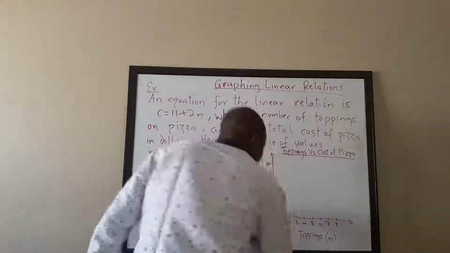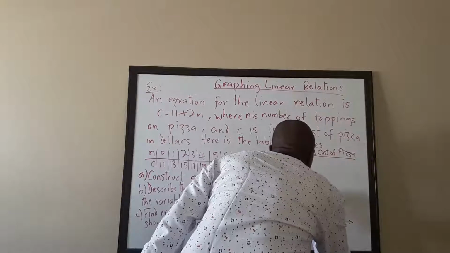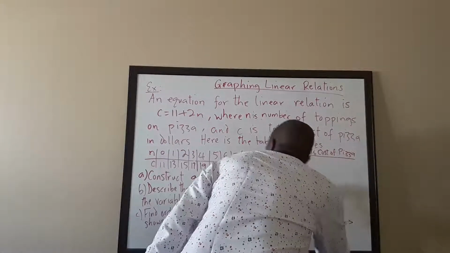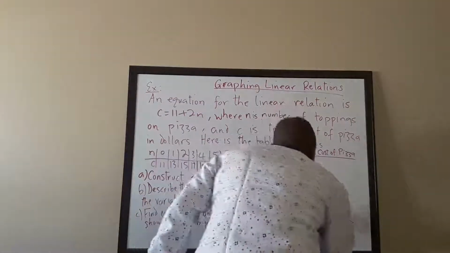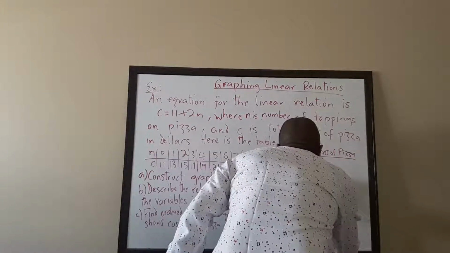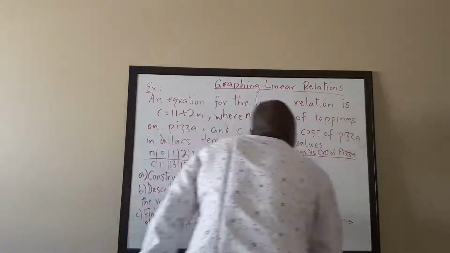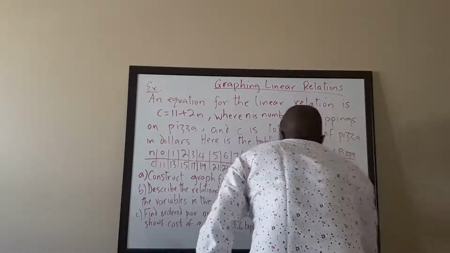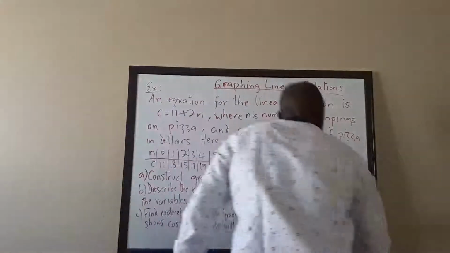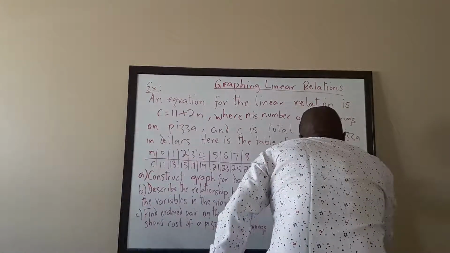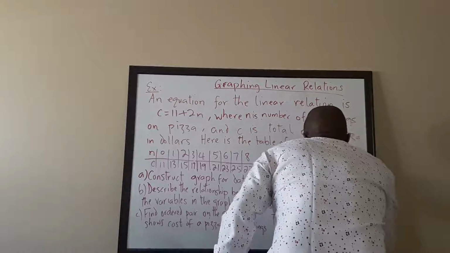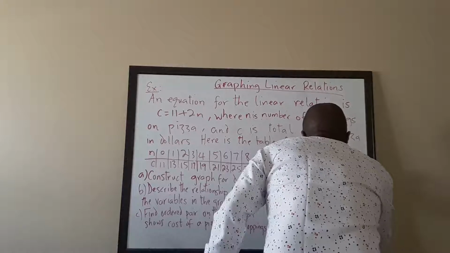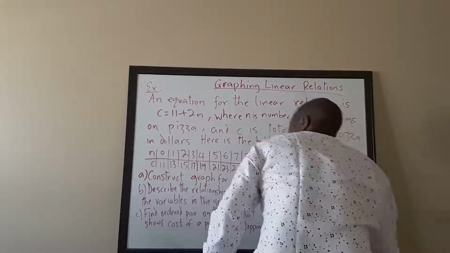So I'm going to go right to 3 and up to 17. 4 and 19 is the next one. 5 and 21 is the next one. 6 and 23 is the next. 7 and 25 is the next. 8 and 27 is the next.